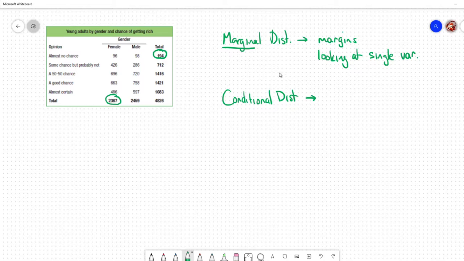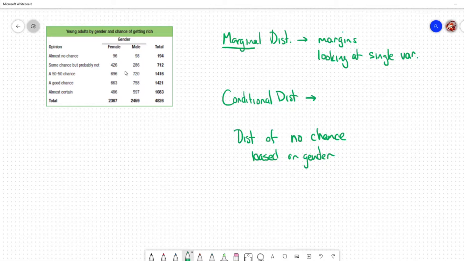So for a conditional distribution, we could start by using the condition of gender. So as an example, let me erase these numbers here. I might decide, well, let's look at the conditional distribution of having no chance based on gender.